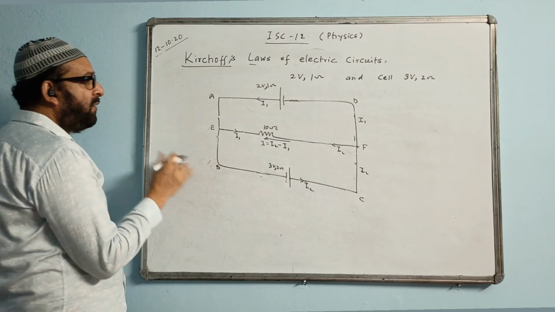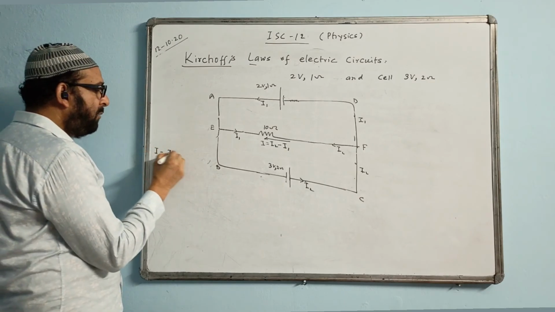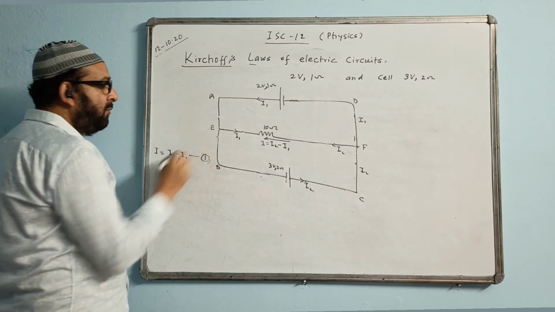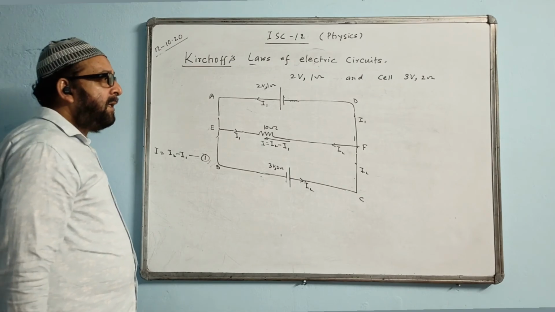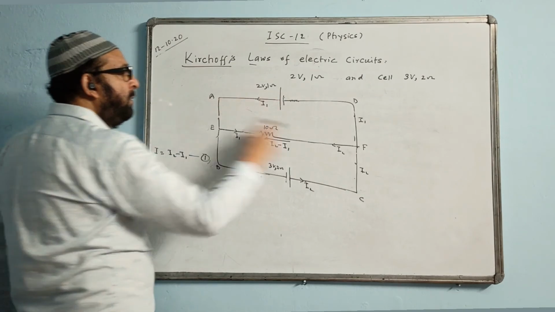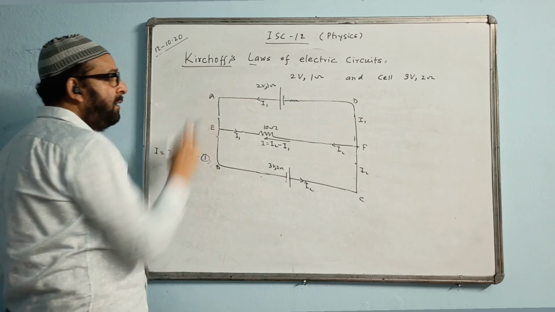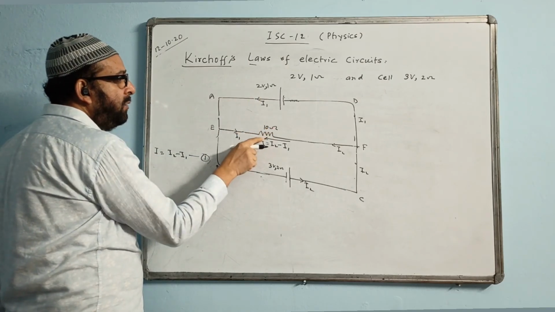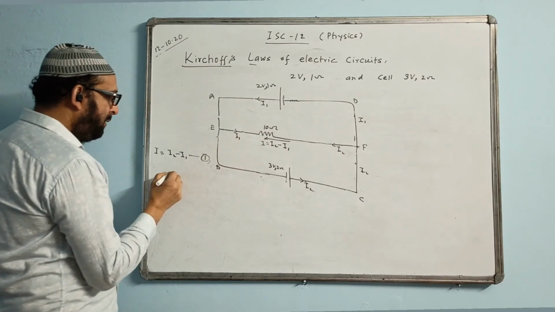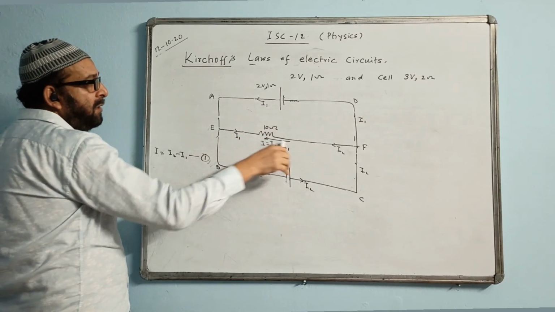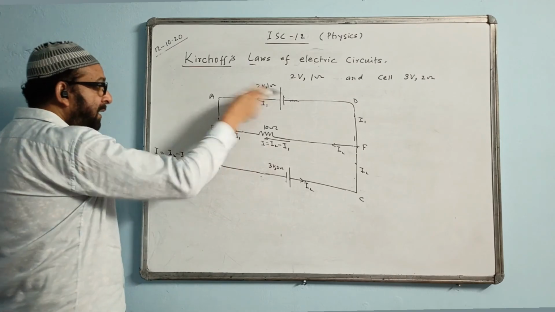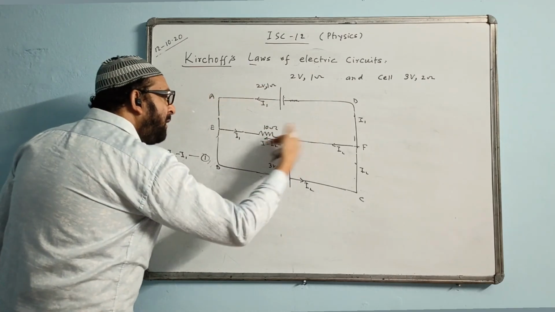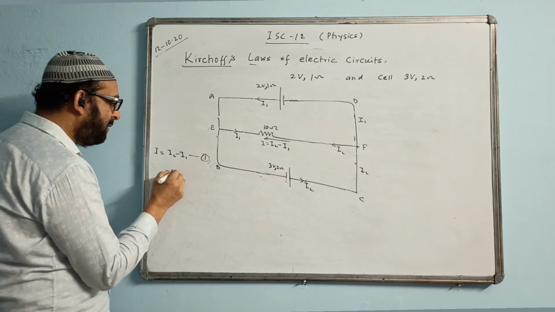Now if you take the first loop, the first equation is I equal to I2 minus I1, equation number 1. The second equation, how to take? I take the loop A, E, B, A. Here we have 10 into I, but the direction of I is opposite to the way we are traversing, so it is minus 10I.